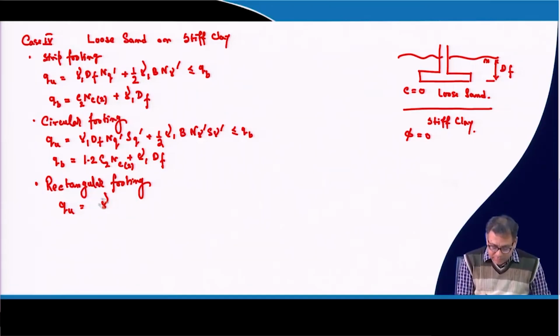Let me write the second part first, then I will write the first part. The same as gamma 1 into df, then n q dash.